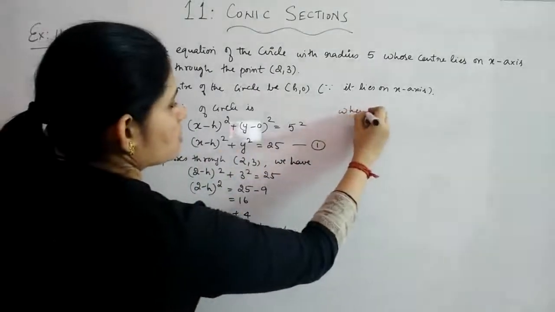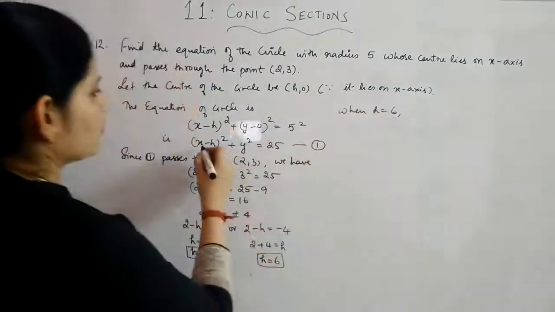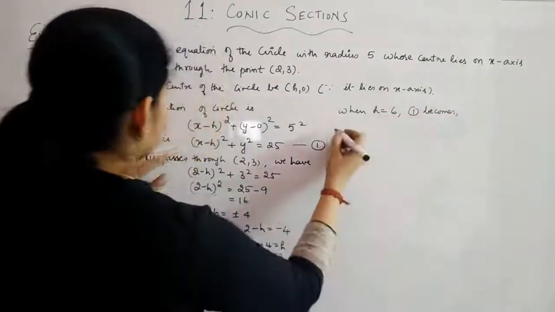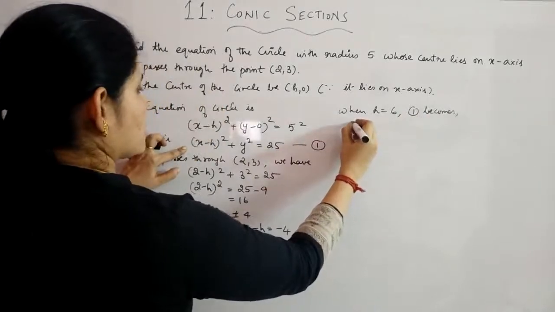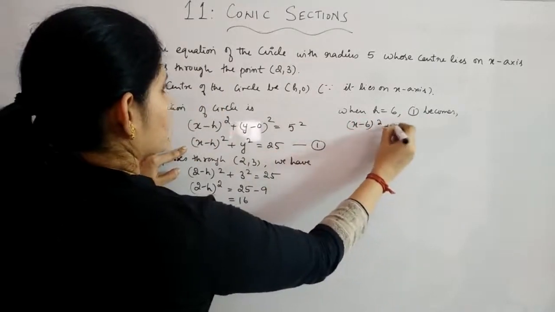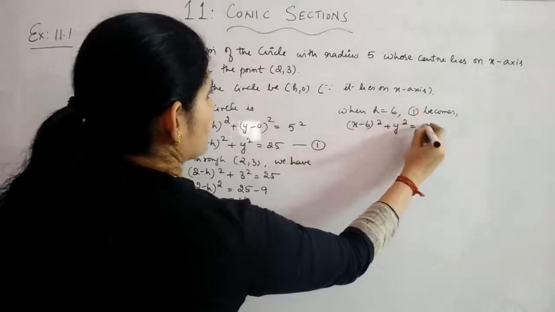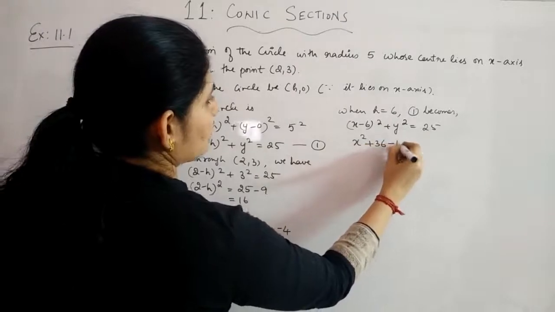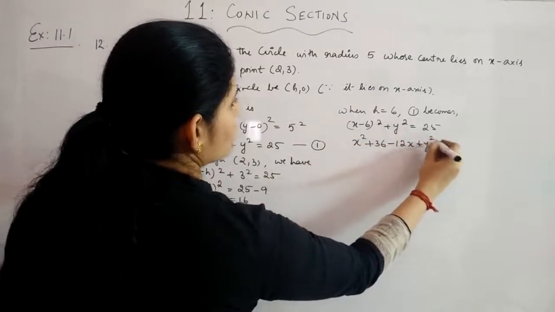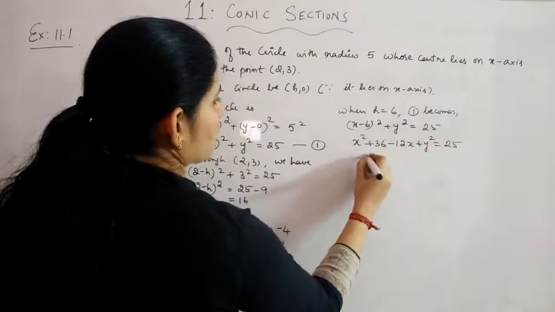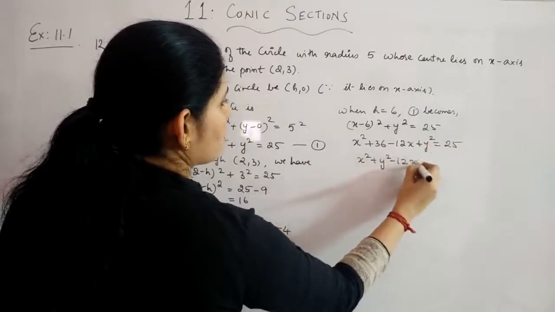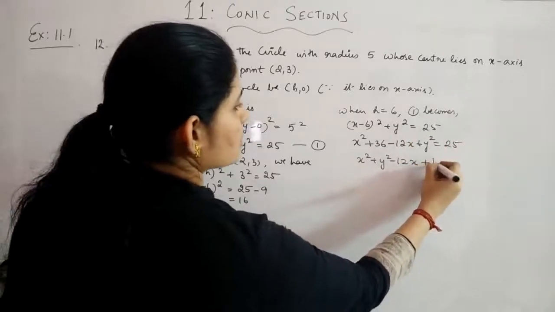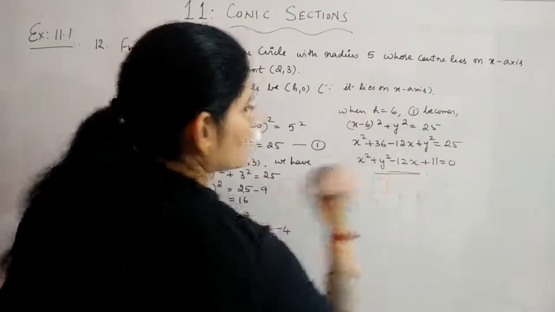When h is equal to 6, equation 1 becomes (x minus 6) the whole square plus y square equal to 25, or x square plus 36 minus 12x plus y square equal to 25, or x square plus y square minus 12x plus 36 minus 25, which gives plus 11, equal to 0. So this is one equation.